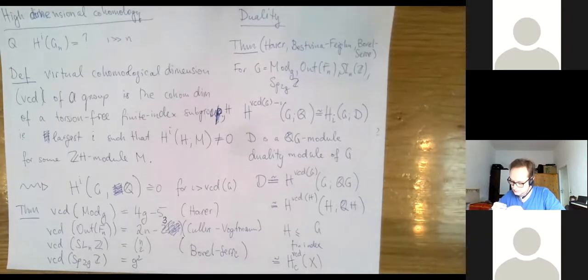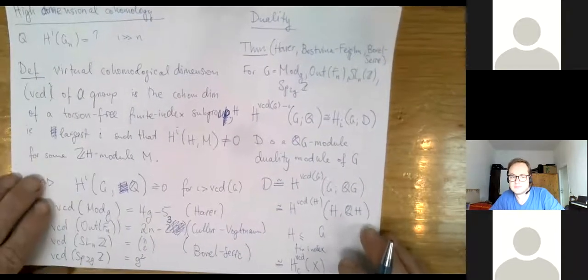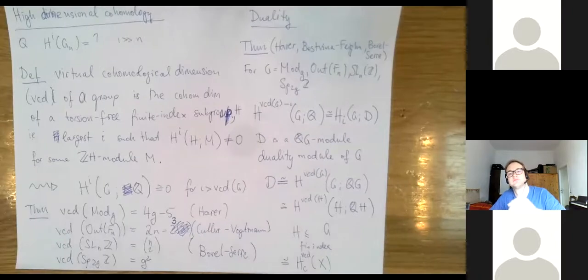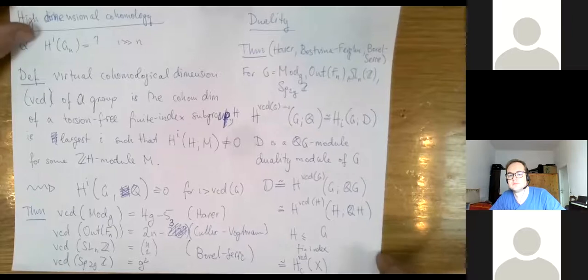That's true. We're not using that much in this area, but that's a good point. With the transfer map, you can go back and forth, or compute the cohomology of one or the other by going through the coinvariants of the quotient.